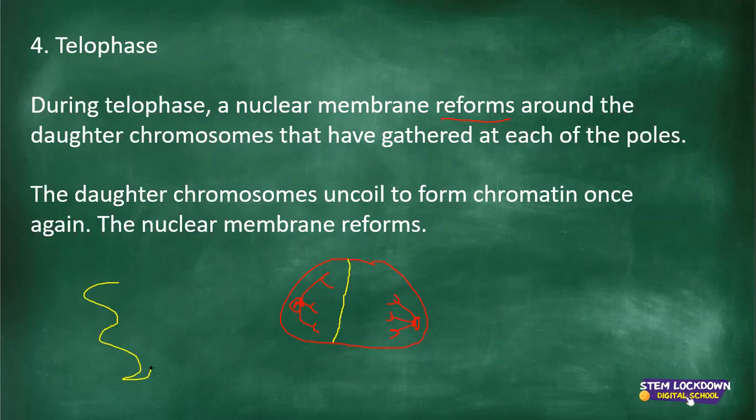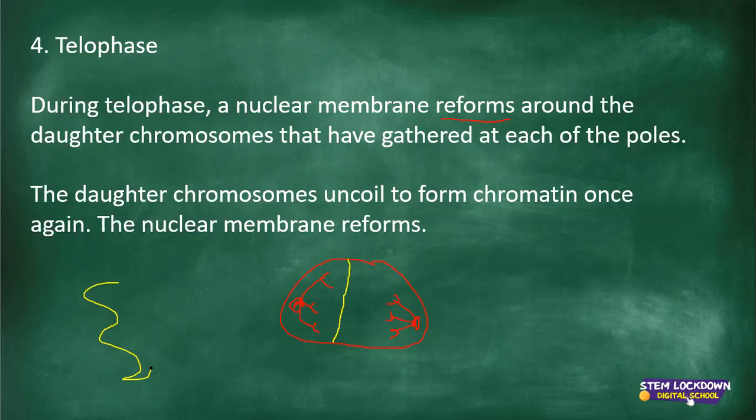So what happens now in telophase? These daughter chromosomes will uncoil. That explains why they were shortened: they actually coiled. Think of a long skipping rope. If you want to tidy it up, you coil it, and when you coil it, it becomes shorter and thicker. That's what happened in prophase.